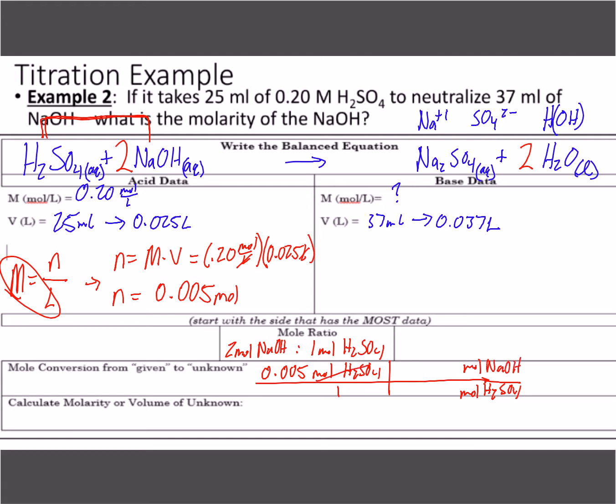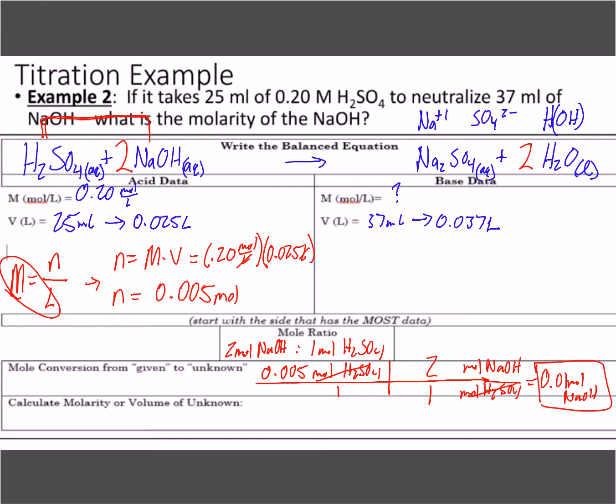Since we wrote our mole ratio out, it's easy. Just match it up: 2 moles of NaOH on the top, 1 on the bottom. 0.005 times 2 is what? 0.01. So 0.01 moles of NaOH.